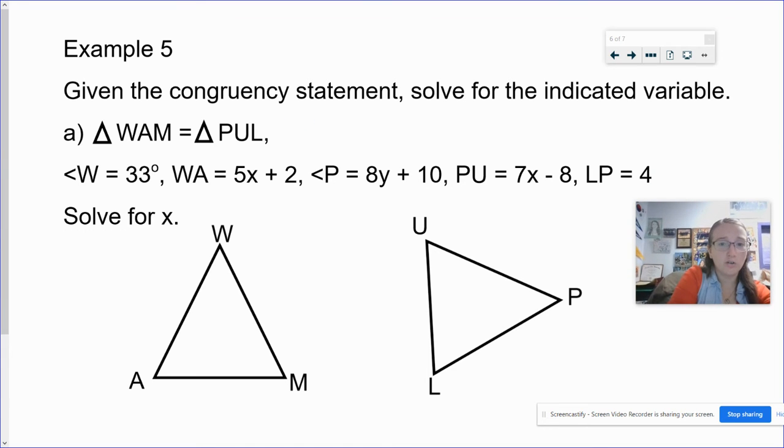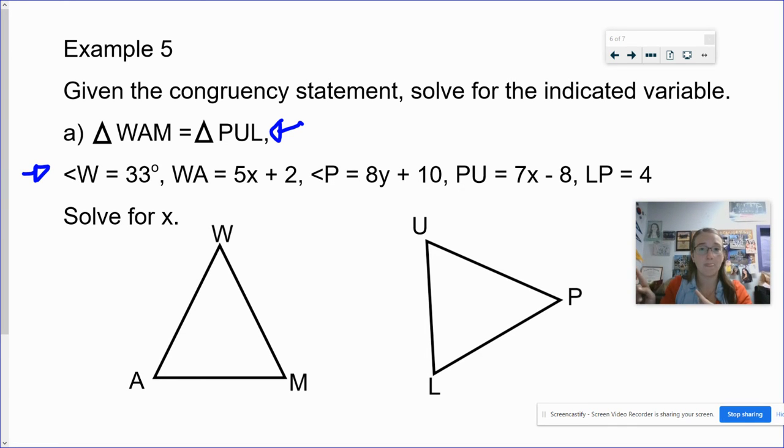Remember that our congruency statement tells us what pieces are equal. So here's what I'm going to do, and this is what you want to do in your test. I'm going to take my triangles and label everything I've been told first, and then I'm going to go from there and see what I need to solve for. Our end goal here is to solve for x, but we'll get there. Let's go ahead and label everything.